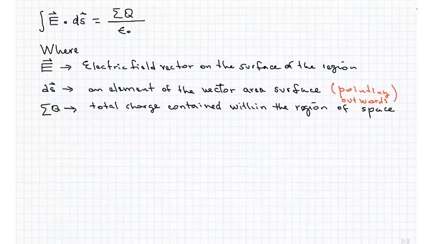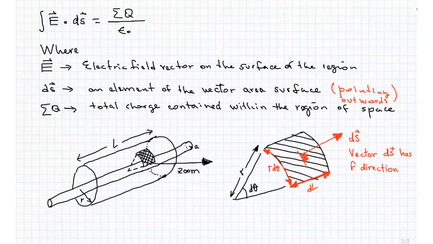Now we want to choose a cylindrical region of space coaxial with the wire and having radius r and length L. So I will have an illustration for this situation right now. Here we have the illustration. It's clear that over the curved surface, the magnitude of E is constant and it is directed everywhere perpendicular to the surface.